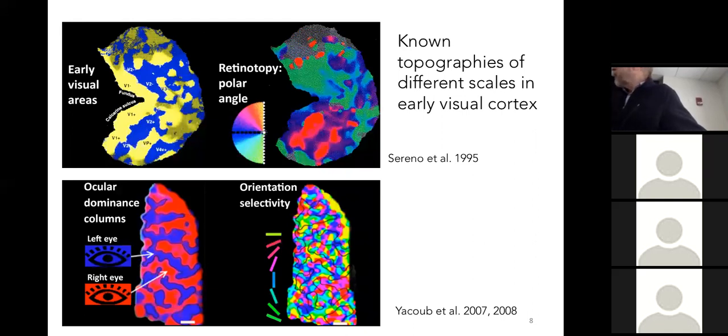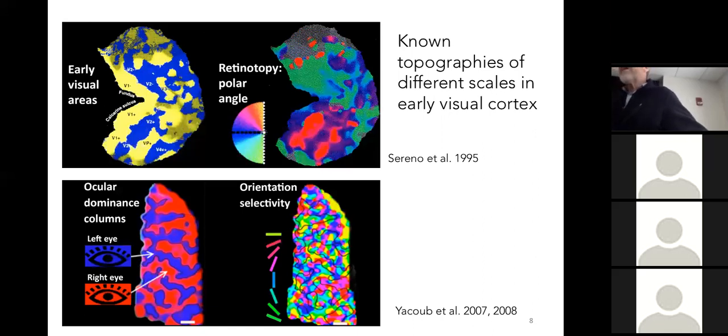So this is a map of the polar angle. And you can see that along the fundus of the calcarine sulcus, there's a representation of retinotopic locations along the horizontal meridian. And then at the border between V1 and V2, ventrally, is the vertical meridian, the upper vertical meridian. So there's one cycle of functional topography from the horizontal meridian to the vertical meridian in V1.